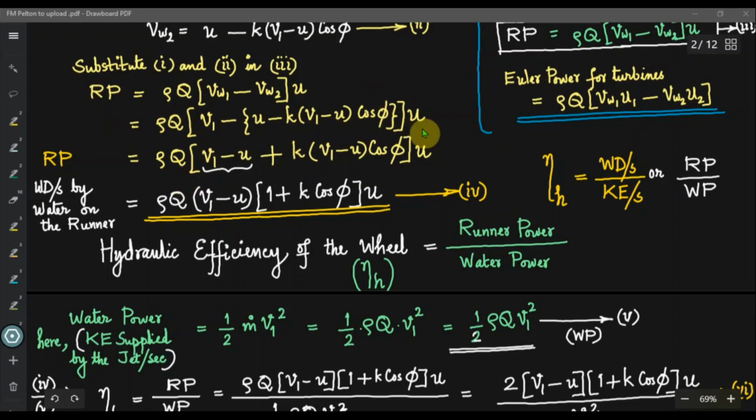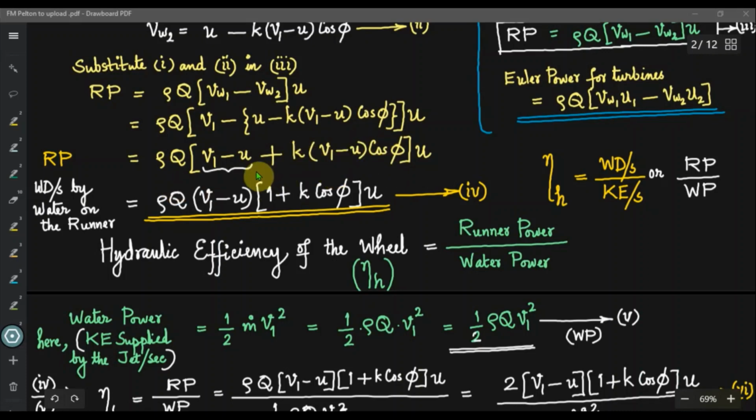When you simplify this, you will get runner power equal to rho Q into (V1 minus u, just open this bracket, minus u, and minus minus will become plus k into (V1 minus u) into cos phi), whole thing multiplied by u.